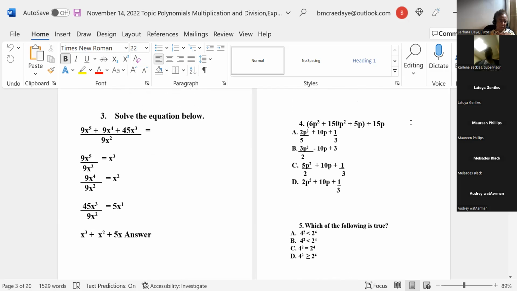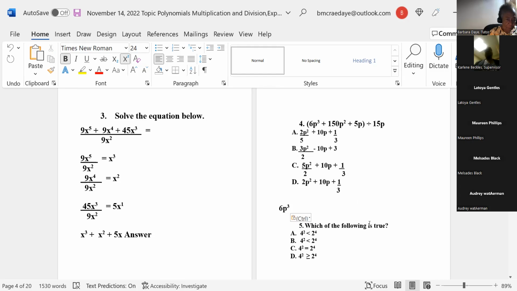Take each monomial divided by monomial: 6p to the third over 15p, 150p to the second over 15p, 5p over 15p. So what would that look like? 6p to the third. I'll put it here and I want you to divide it and tell me your answer.